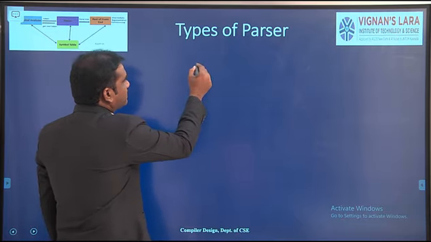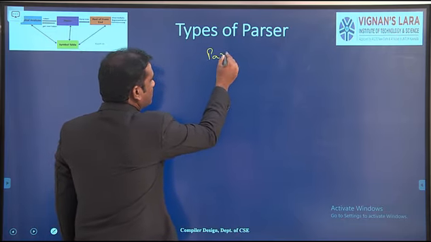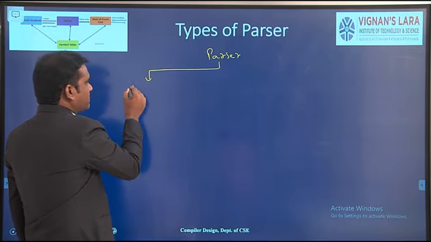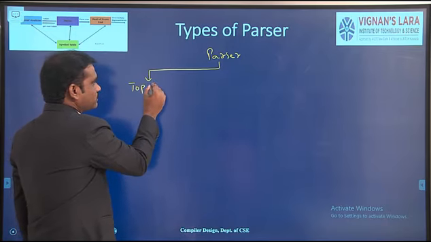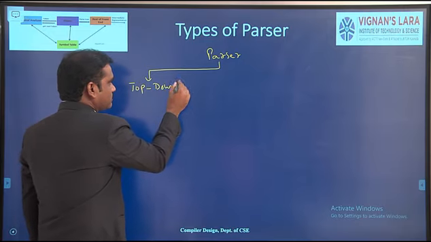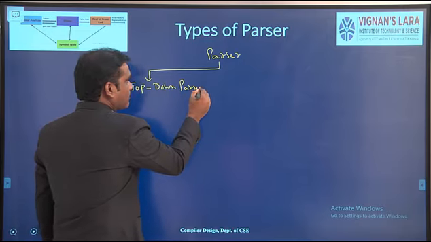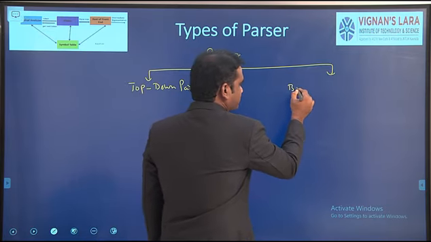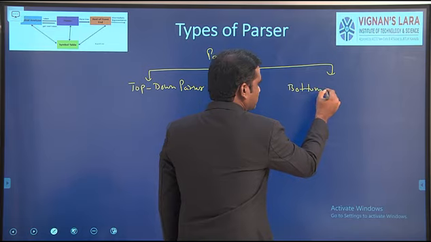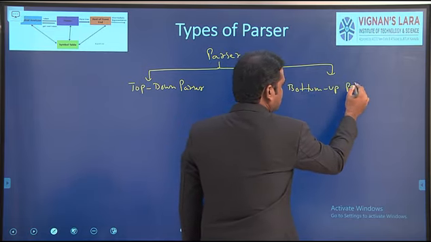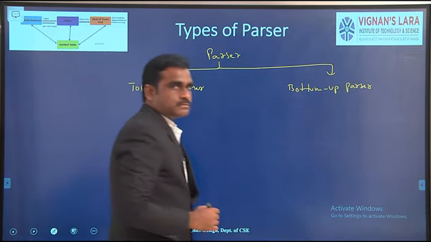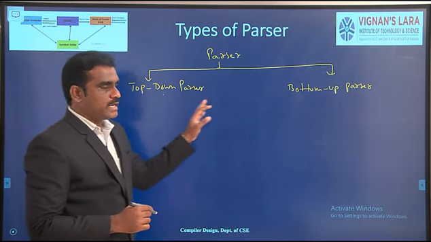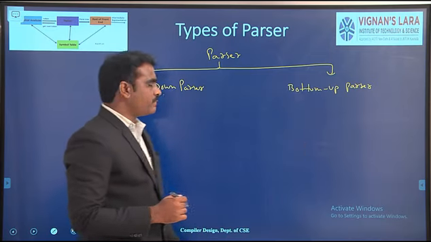The first one is top-down parser, and the second one is bottom-up parser. There are two types of parsers: one is top-down parser and the second one is bottom-up parser.